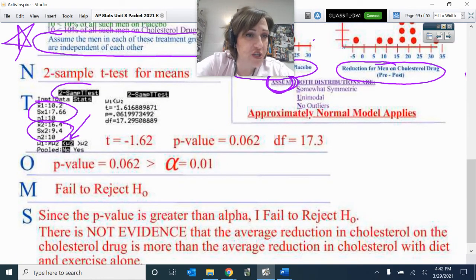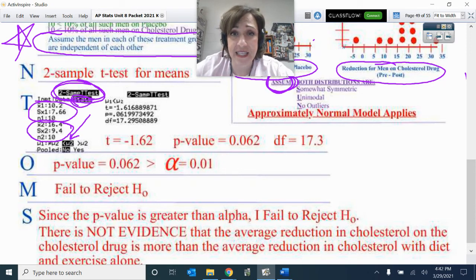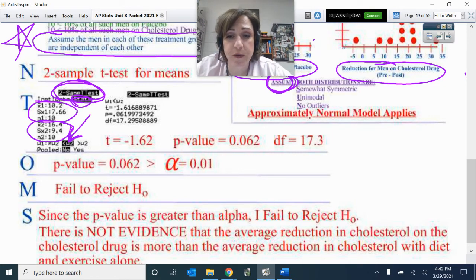You put this into your calculator as a 2-sample t-test, and I put the summary statistics in. I talked about how I put the placebo in first and the cholesterol drug in second with this particular tail. My t-score was negative 1.62, p-value 0.062, and don't leave the degrees of freedom off.